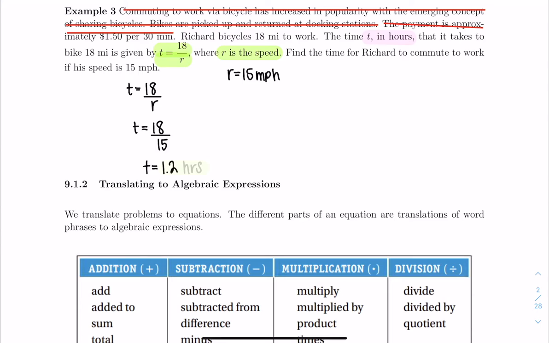And what is the unit that goes with this? Well, T, we were told, is hours. So that means it takes him 1.2 hours to get to work if he's traveling at 15 miles per hour.